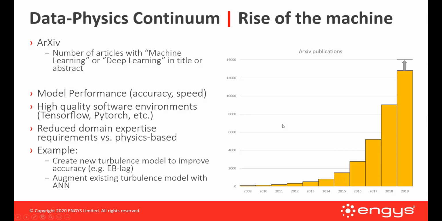One of the examples I mentioned is the turbulence modeling, and we've had some experience here at ENGYS developing a new turbulence model, or at least implementing a new turbulence model, working and talking to the original person who derived and implemented many of these functions. We're talking about the EB-lag turbulence model here, and the amount of time that you have to invest in learning about turbulence, in terms of implementing the different physics, in terms of the different discretization, and so on, is enormous.